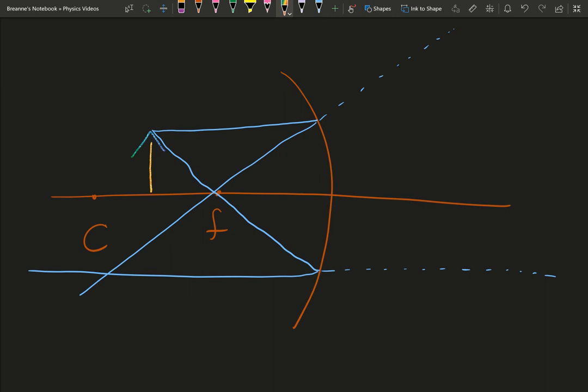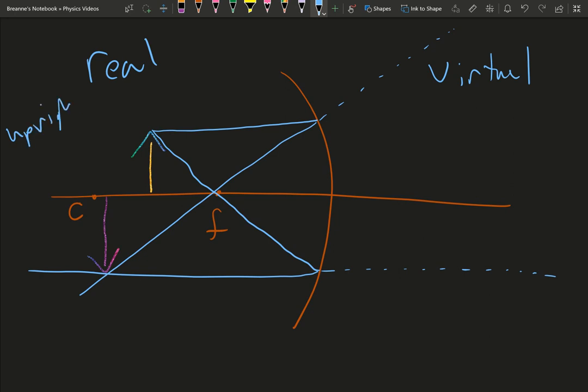Your image, now focal point crossing doesn't count because of course it's going to cross through the focal point. Your image, I'm going to erase that C real quick, is going to be right there. So again, if you remember, this side's real, this side's virtual, up here is upright, down here is inverted.